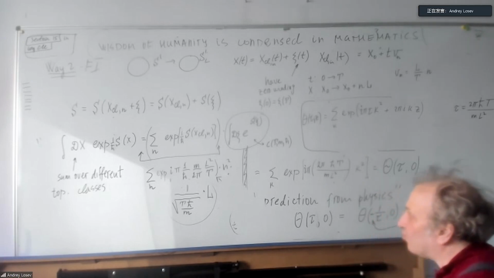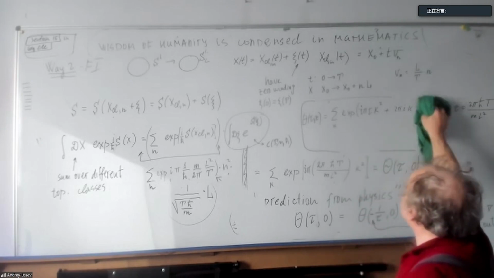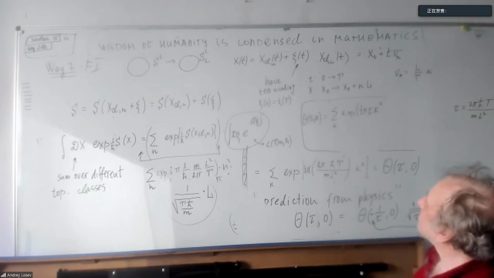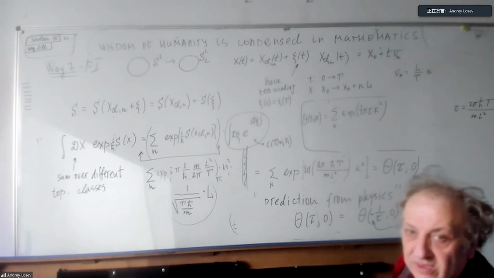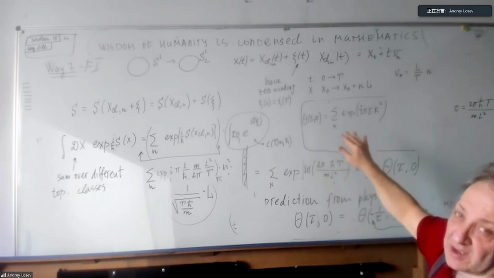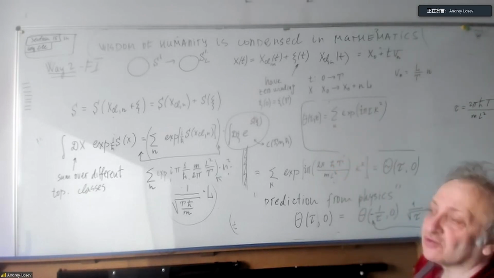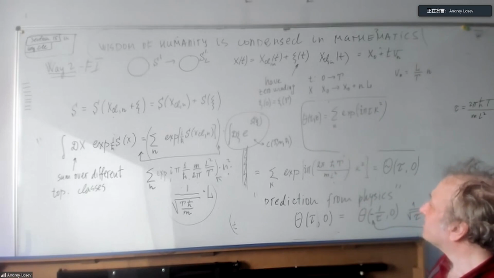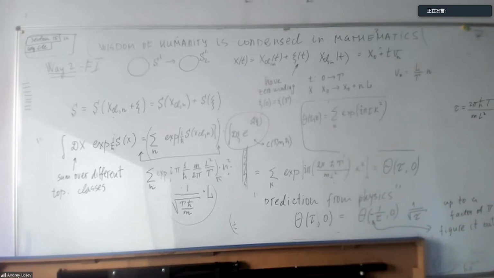Now we may try to prove it. So what is the idea? Now a mathematician comes. He knows only this. He knows nothing about physics. How to prove it? How to understand that there could be something like 1 over square root of tau here?